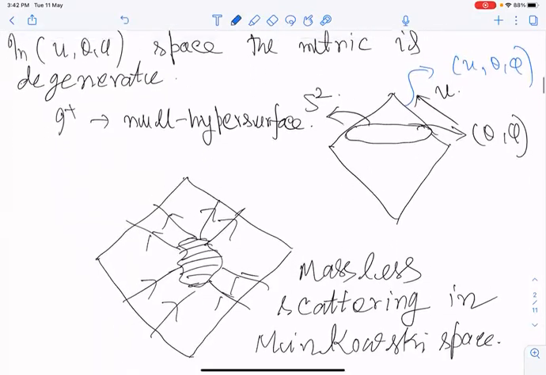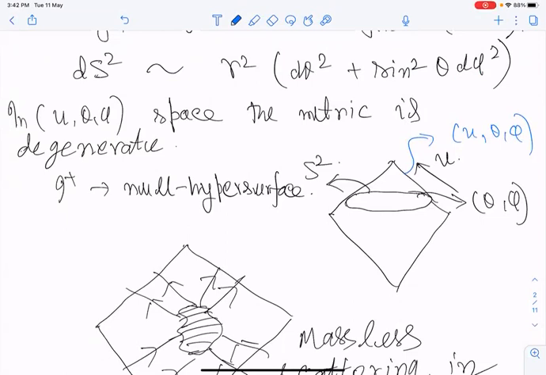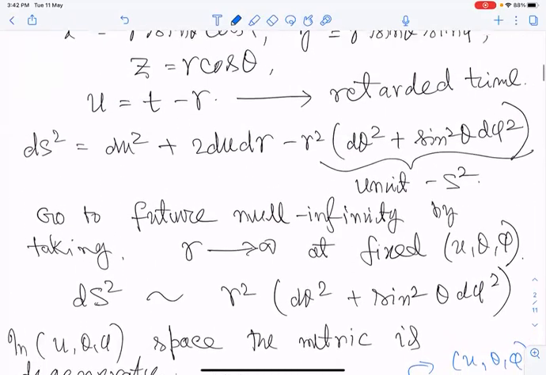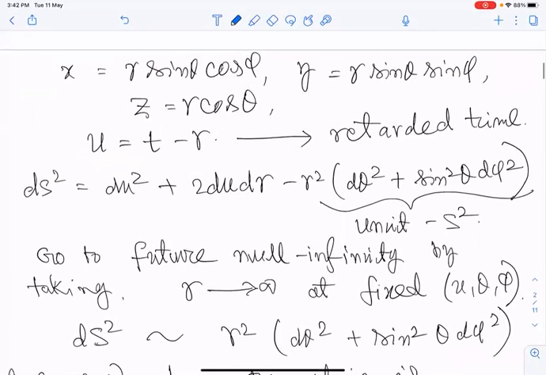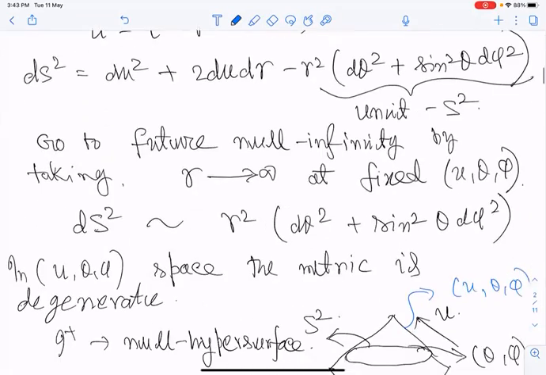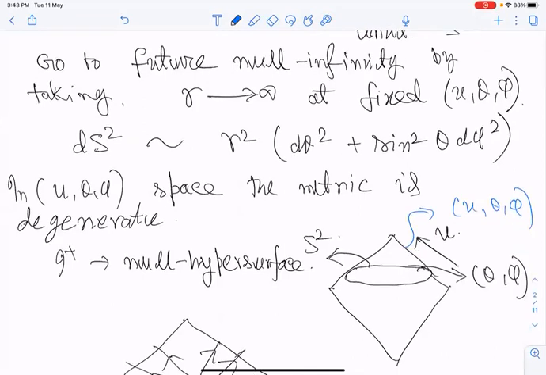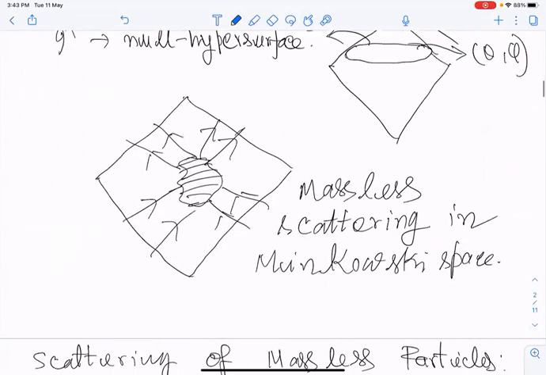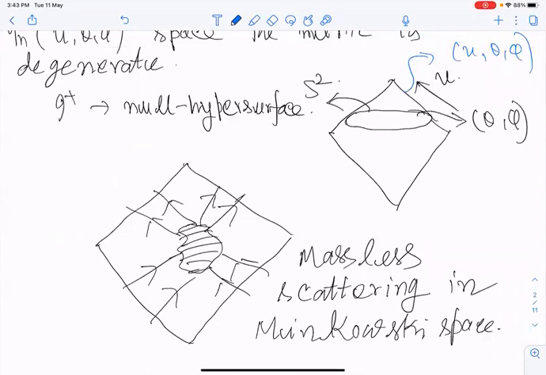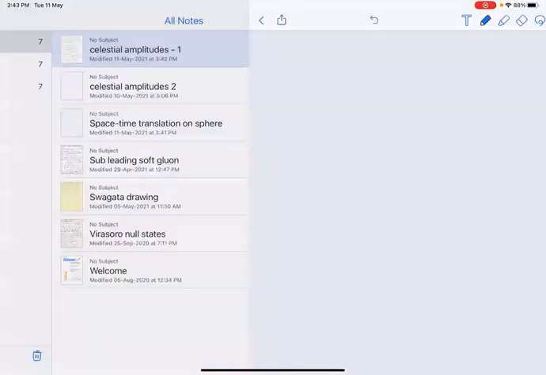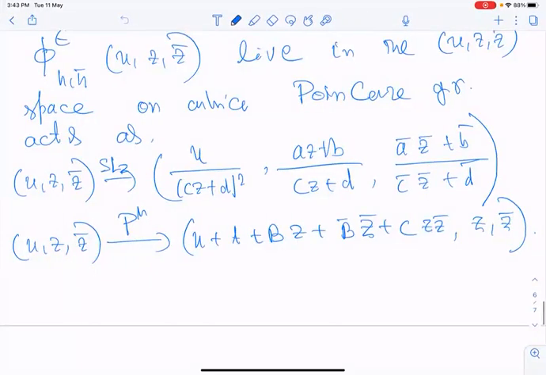So the coordinates of the future null infinity are just u, theta, and phi. Okay, and now what one can actually show, it is a simple algebra, is that if you just look at the Poincare transformations in these u, r, theta, phi coordinates, and then you take r going to infinity at fixed u, theta, phi, then you will see that the Poincare group acts on this three-dimensional space u, theta, phi exactly in this way.